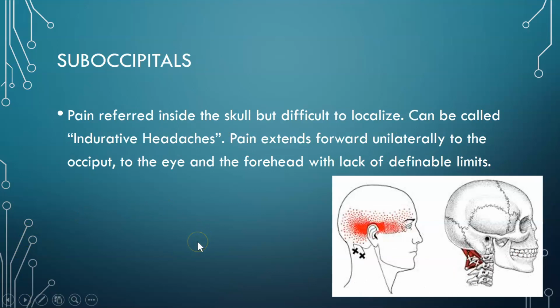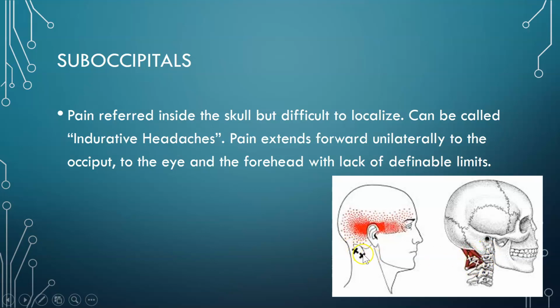Our next muscles are the suboccipitals. They don't generally tend to differentiate from one muscle to the other on palpation, although we can see here rectus capitis, obliquus, and its other cohort here.